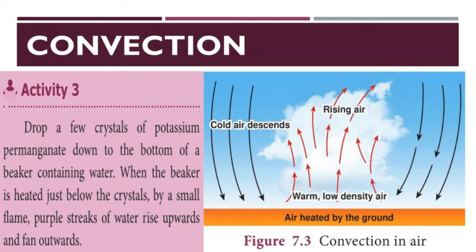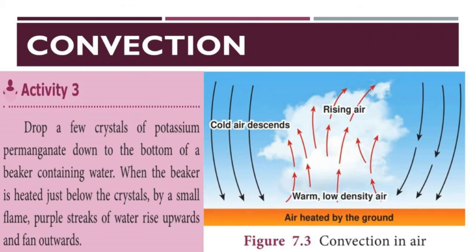When air is heated, the air molecules gain heat energy, allowing them to move further apart. Warm air, being less dense than cold air, will rise. Cooler air moves down to replace the air that has risen.